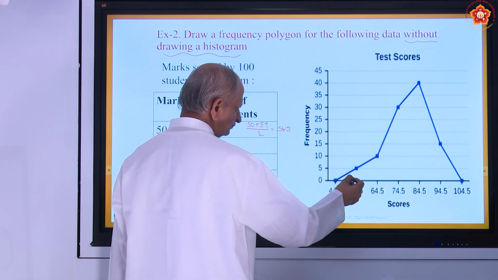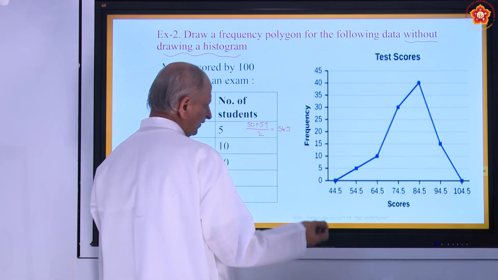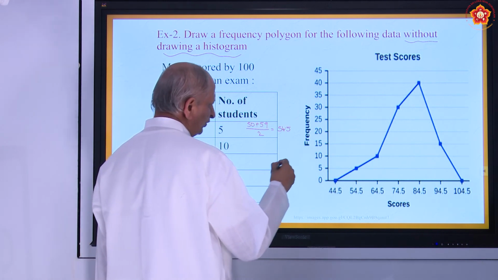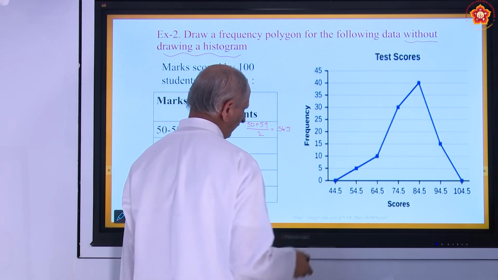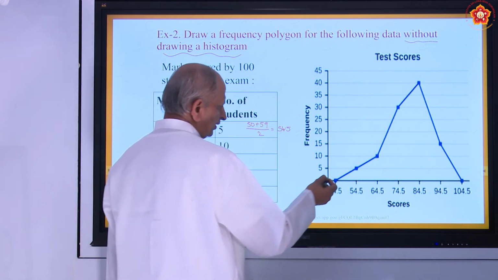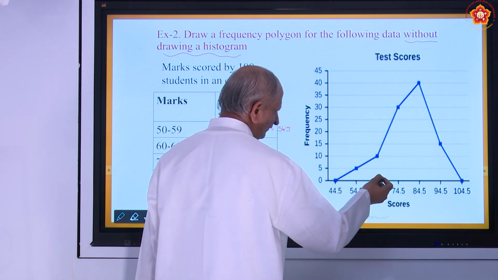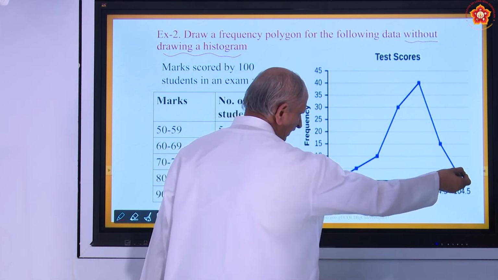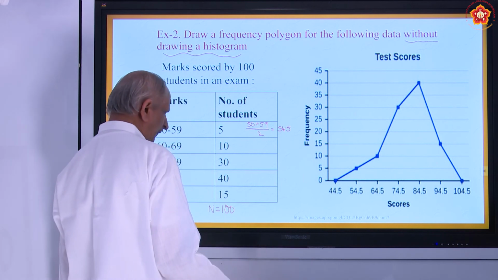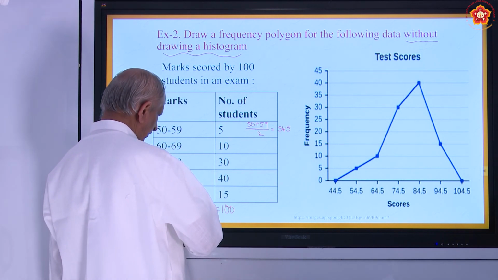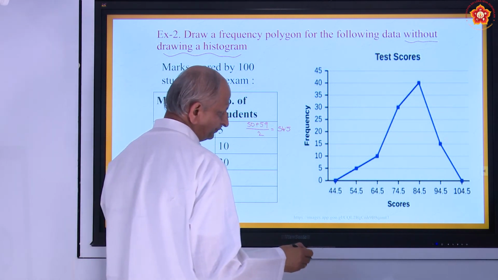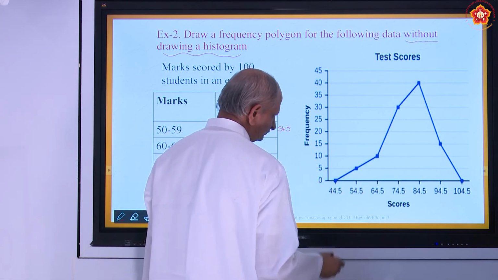That is taken. Before that it will be 40 to 50, that is 44.5. And then comes 64.5, 74.5, like that. It ends in 104.5 because of 100 to 109, so you must take one extra.